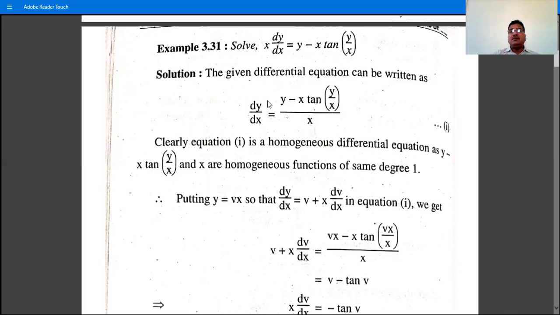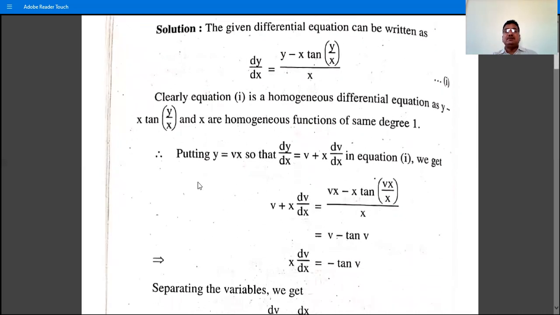Similarly, this is a homogeneous function of degree 1 divided by x, which is also a homogeneous function of degree 1, and therefore numerator and denominator are both homogeneous functions of the same degree 1, and therefore the given differential equation is a homogeneous differential equation. And now we have to solve this homogeneous differential equation.